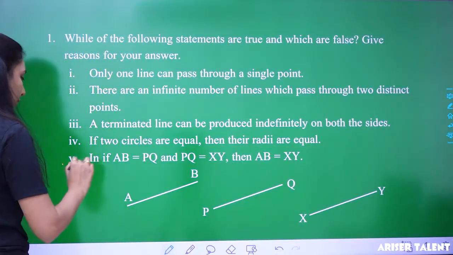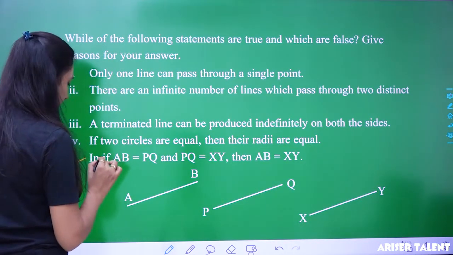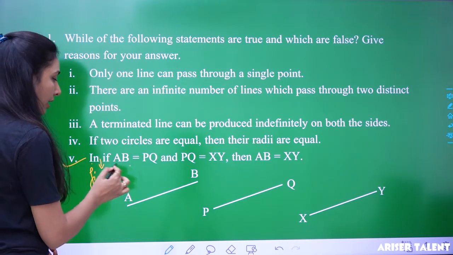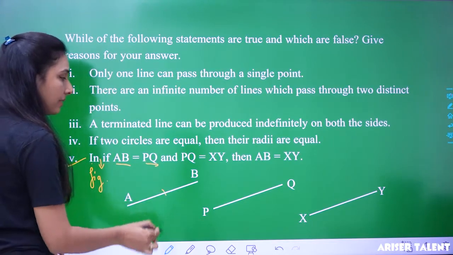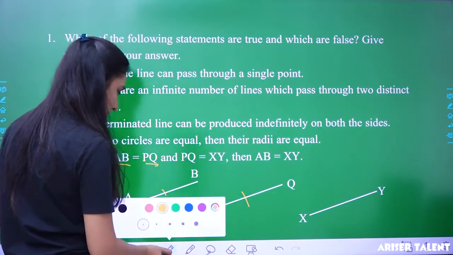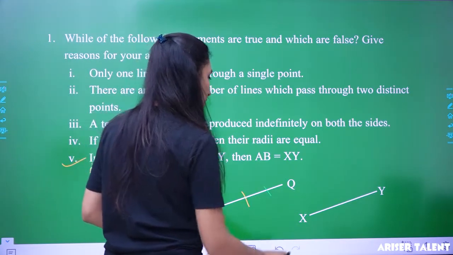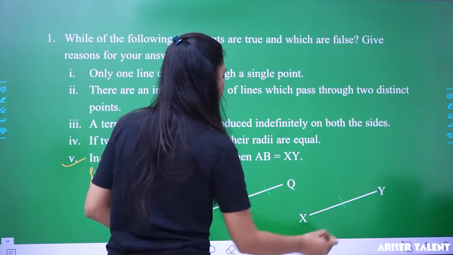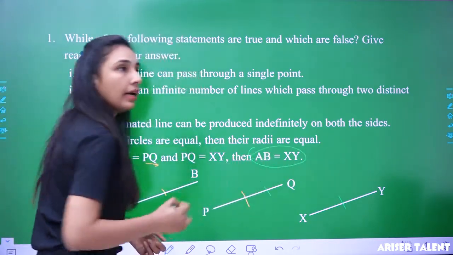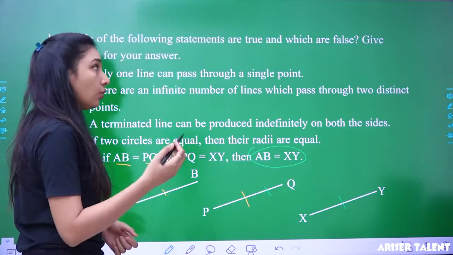Now the fifth: in the figure, if AB equals PQ, and PQ equals XY, then AB will be equal to XY. Is that so?